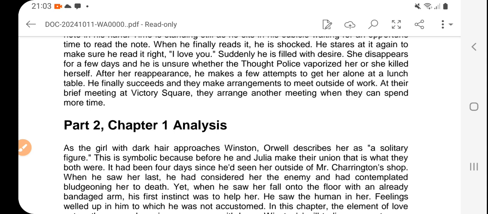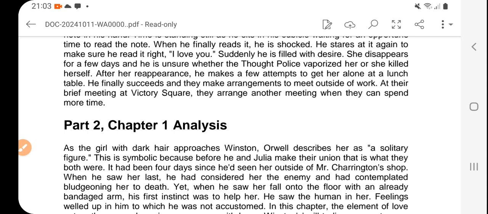But being a human being, Winston has desires. Though he knows it is a very big crime, he still becomes happy when he reads the note, and as he reads "I love you," he is filled with desire.